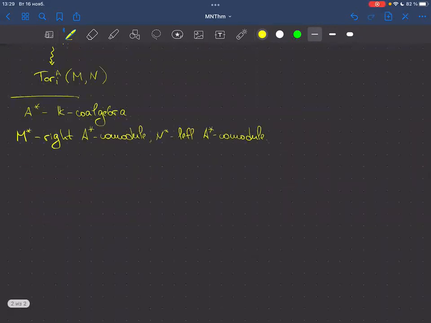I want to define their cotensor product. So how should I define it?